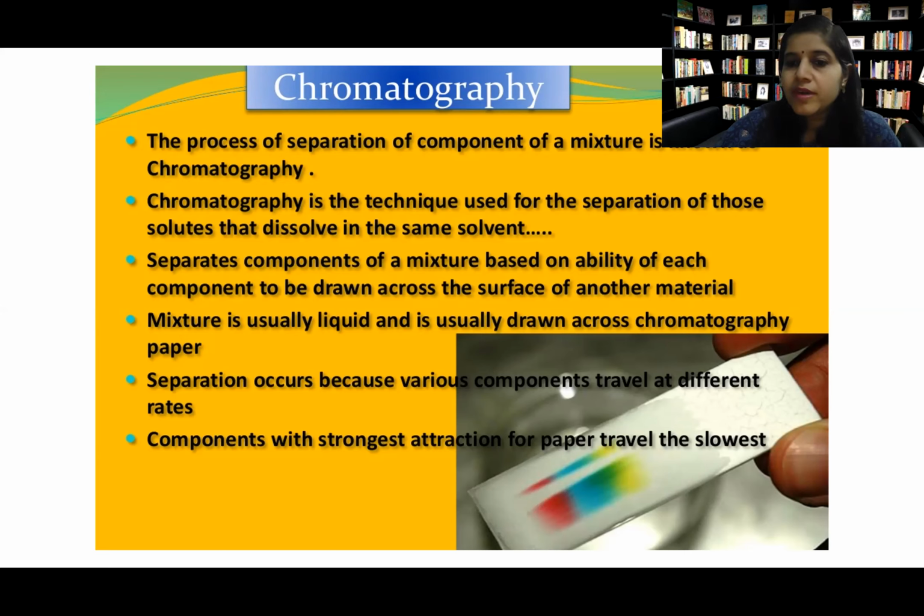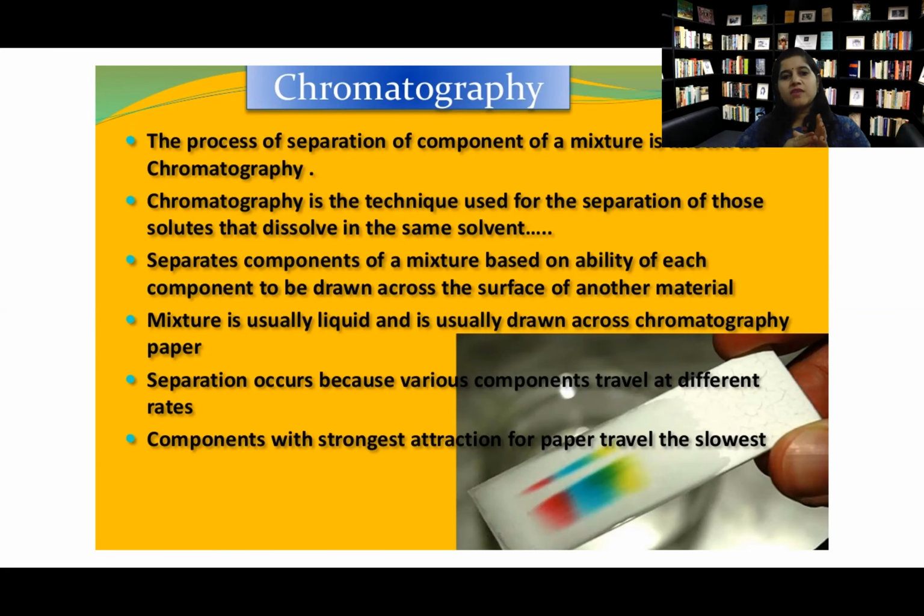So we will take a filter paper strip and put a mark 2-3 centimeters above the level of water. Draw a line with a pencil and scale, and put a drop of ink at the center of that line. Now dip the filter paper into water, but make sure the ink does not go inside the water, and hang the filter paper in the cylindrical jar.